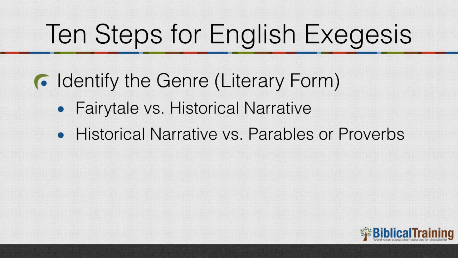We're looking for the moral lesson that Jesus wants us to understand, or the truth that he wants us to understand from that story. If Jesus tells a proverb, we are not necessarily looking for an absolute truth. We are looking for a general truth that teaches us how to live life in light of God's truth, God's wisdom. So different literary forms are interpreted differently. That's our step one, identify the literary form.